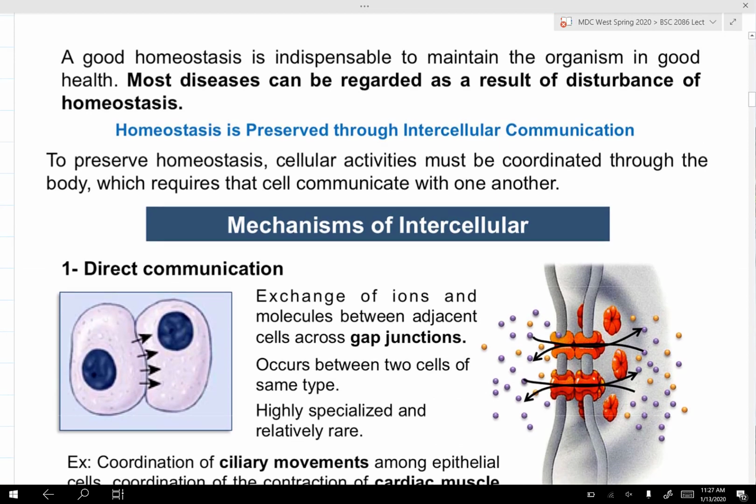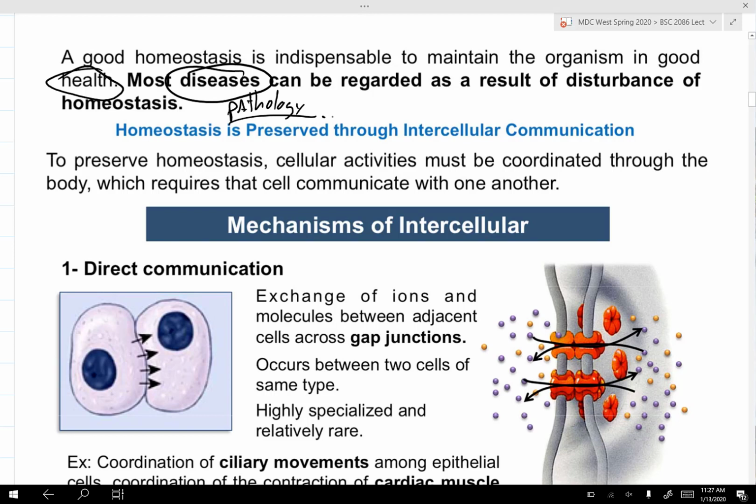So a good homeostasis is indispensable to maintain what? A good balance, a good health. If balance is not kept, then functions will get damaged, and by damaging the function, we may end up with what? Something that we call a pathology, right?